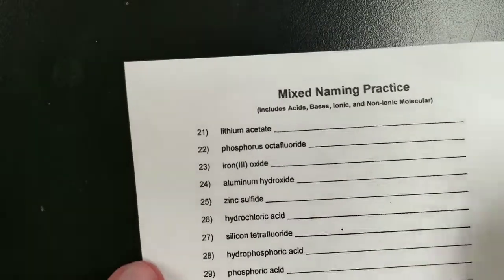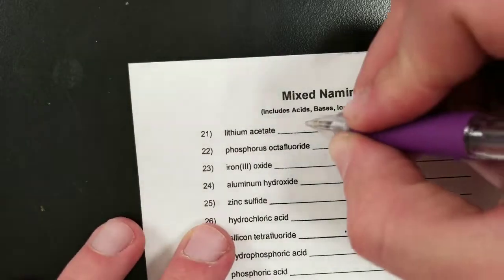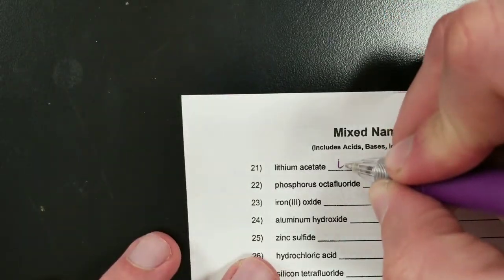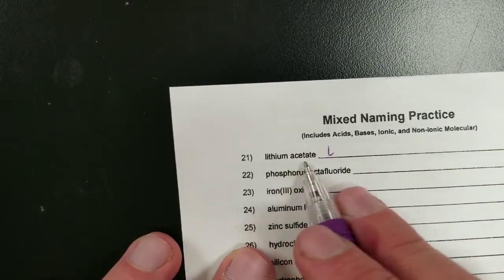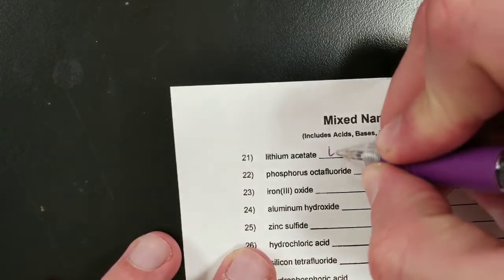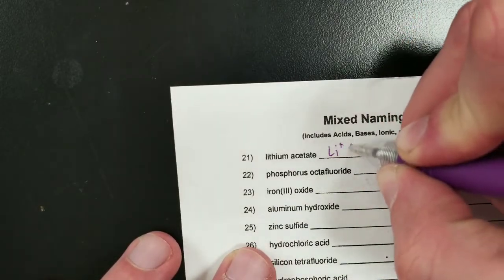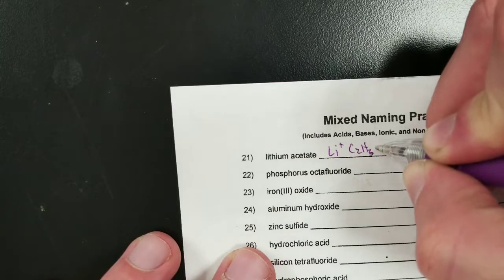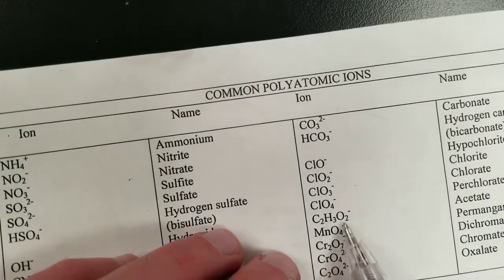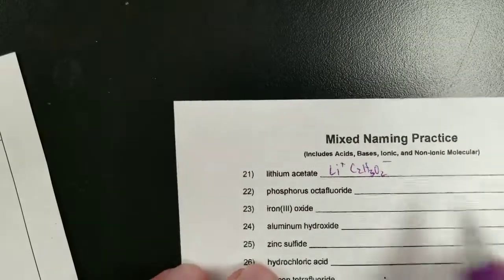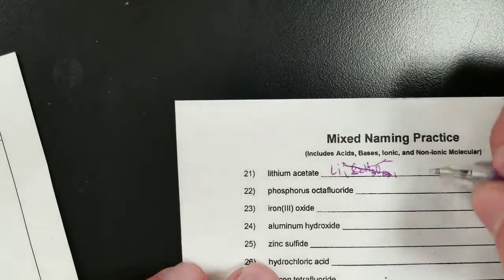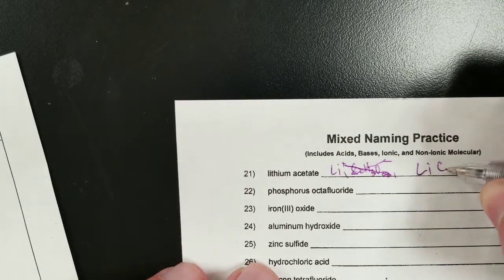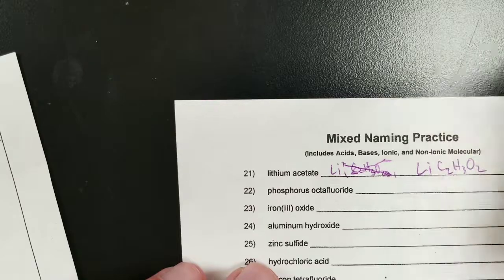Lithium acetate. Let's see, so how do you get that? That's lithium. Well, first of all, I should recognize this is ionic. There's no Greek root words, and the word acid is not there, so this is ionic. There's lithium with the 1+ charge. C2H3O2 is the formula and charge according to what you see on the list. There's acetate right there. So you just have to figure, okay, switch the charges, 1 acetate, 1 lithium, LiC2H3O2.